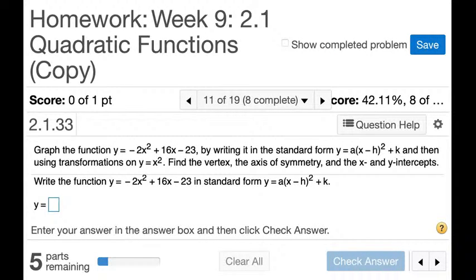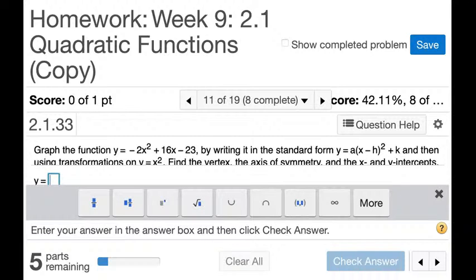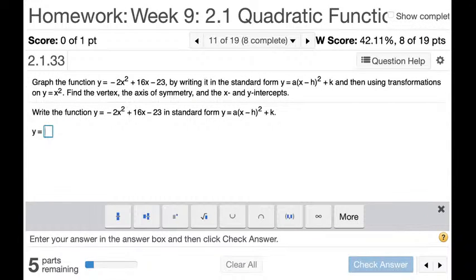Okay, write this in standard form. So from what we had, let me fix that view. That's better. So the standard form that we got is -2 parentheses x minus 4 squared plus 9.